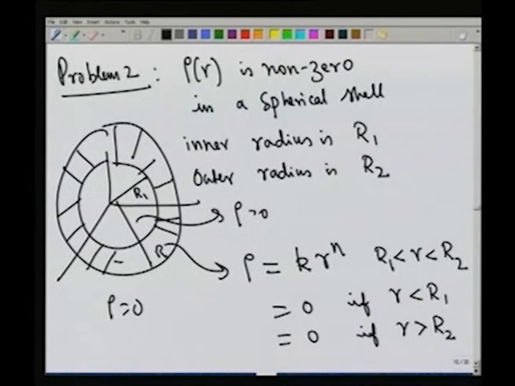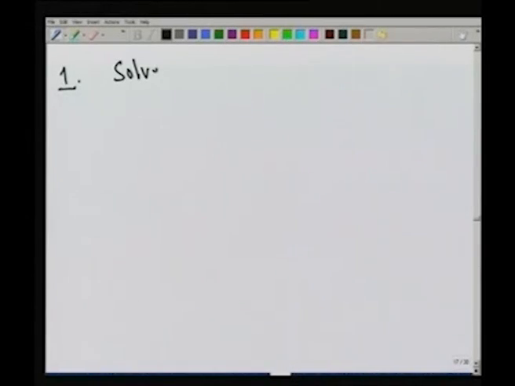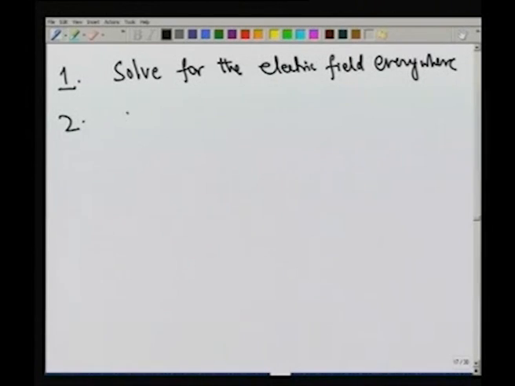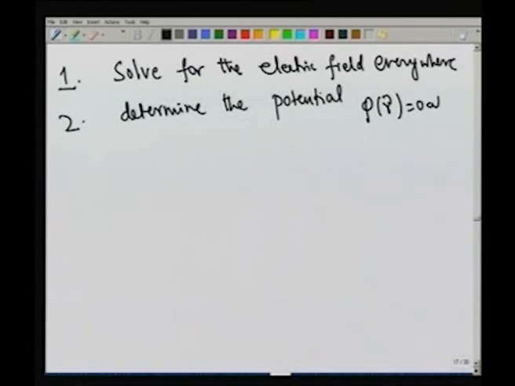The problem that I am asking you to solve is to use Gauss's law and solve for the electric field everywhere. So first, solve for the electric field everywhere. Second, determine the potential, and choose phi of r equal to 0 at infinity.